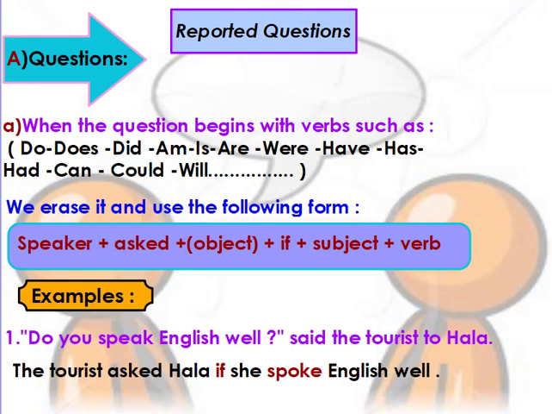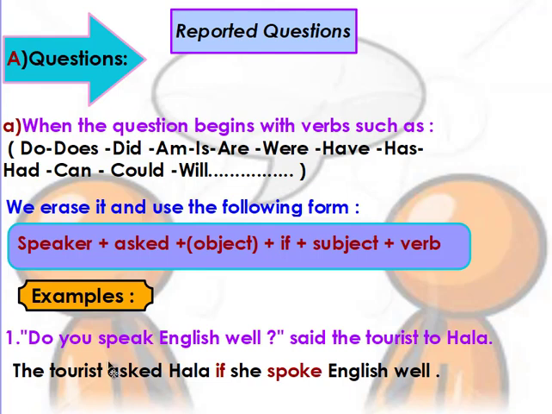When the question begins with verbs such as do, does, did, am, is, are, were, have, has, had, can, could, will, would, and so on, we erase it and use the following form: the speaker plus the word asked, not said. Here we have to use asked plus the object plus if plus the subject and the verb.